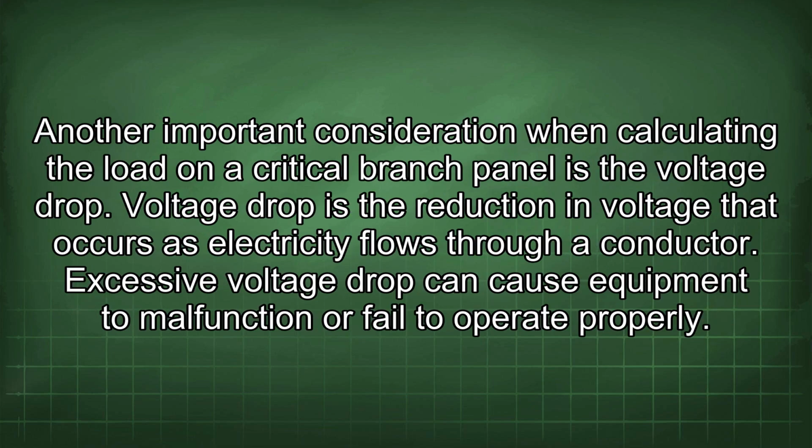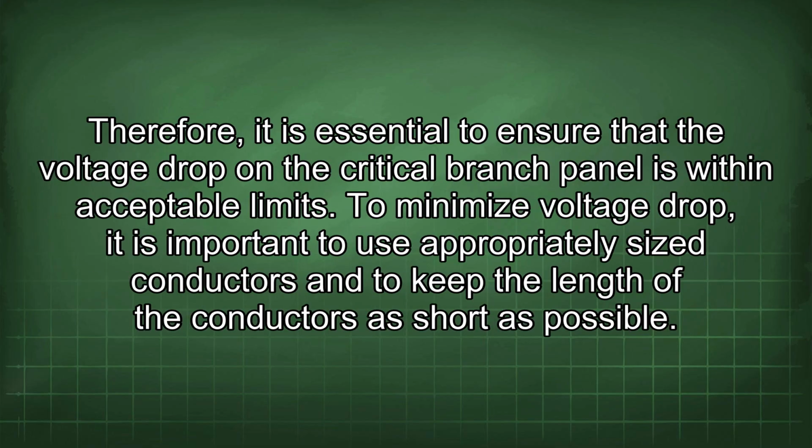Another important consideration when calculating the load on a critical branch panel is the voltage drop. Voltage drop is the reduction in voltage that occurs as electricity flows through a conductor. Excessive voltage drop can cause equipment to malfunction or fail to operate properly. Therefore, it is essential to ensure that the voltage drop on the critical branch panel is within acceptable limits.